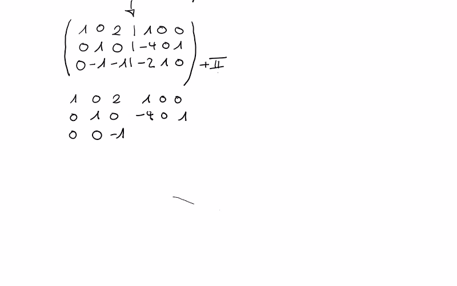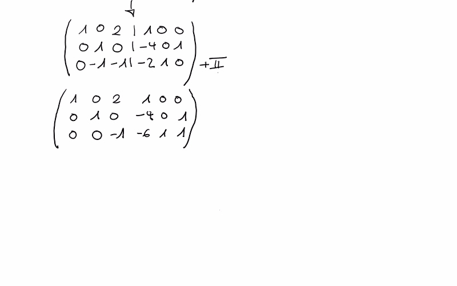So we get minus 2 plus minus 4 is minus 6, we get 1 plus 0 is 1, and we get 0 plus 1 is also 1. I have to work on my brackets, they look horrible.